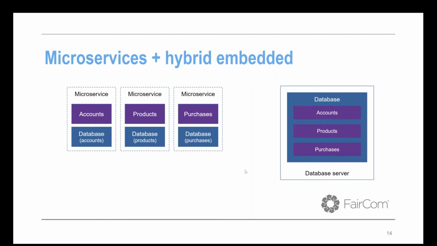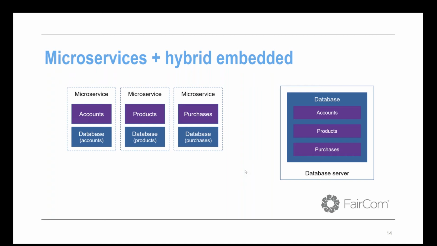So the approach that we would bring forward is the use of a hybrid, embedded model, where each of our three microservices has its own embedded database, and that embedded database has only the tables that microservice needs. And as a result, that microservice owns those tables.